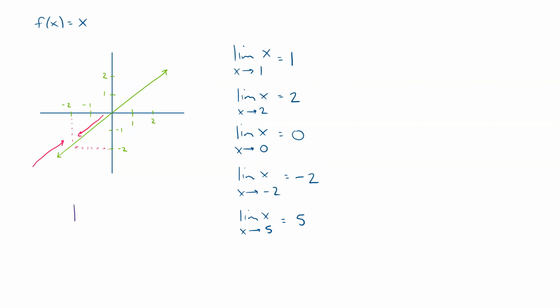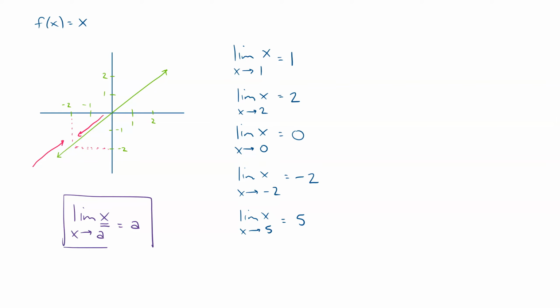This property can be written as: the limit of x as x approaches any number is the number. This is referring to the function x, and the limit of x as x approaches any number is always just the number.